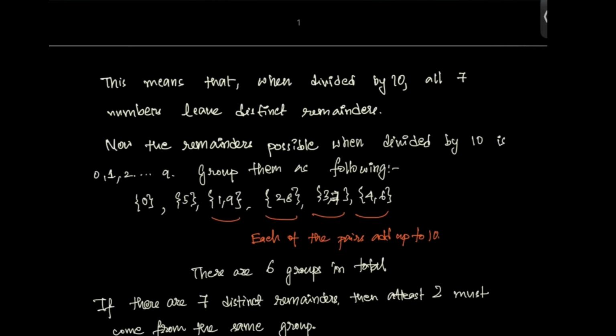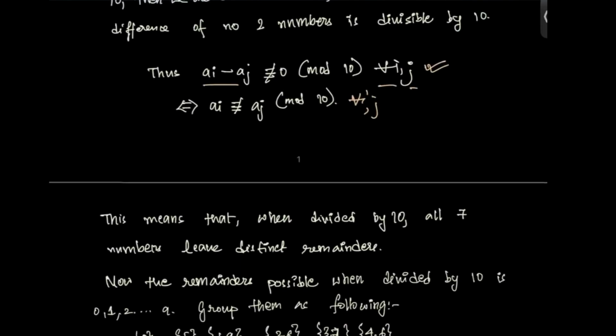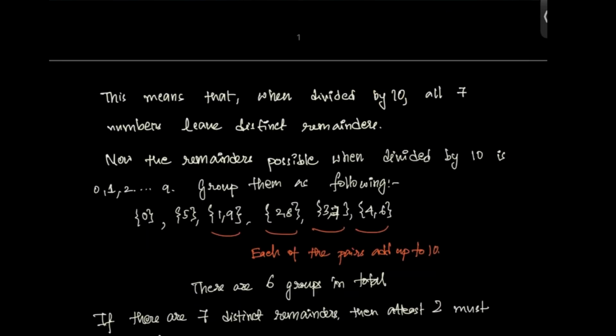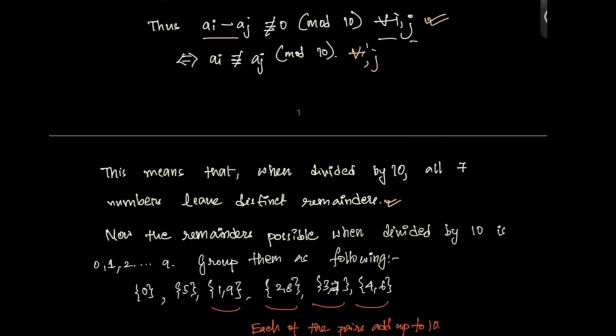This means that when divided by 10, all 7 numbers leave distinct remainders. Let's understand why this is. We have seen that no 2 numbers are congruent modulo 10, because we assumed that the difference of no 2 numbers leaves the same remainder mod 10.